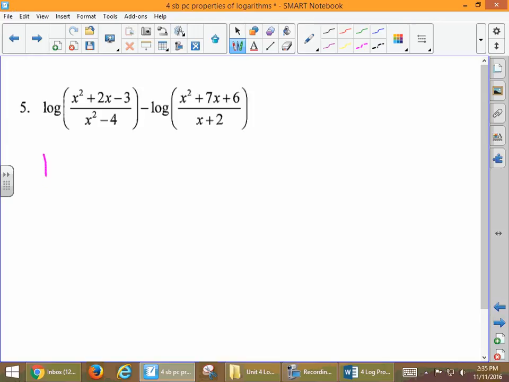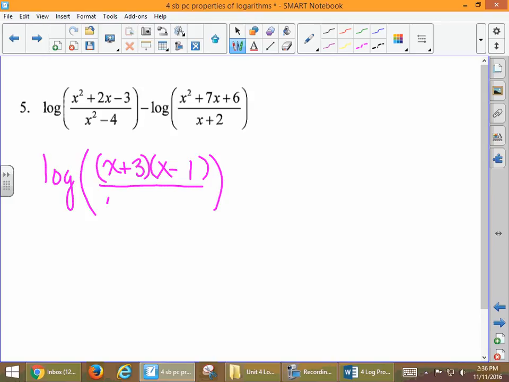So as we look at this first one, it's going to be log, and then up here in our numerator, when we factor x squared plus 2x minus 3, we have x times x. Factors of 3 are 3 and 1, and it's going to be plus 3 and minus 1. Down here in our denominator, we have the difference between two squares, and it's going to become x minus 2 times x plus 2.